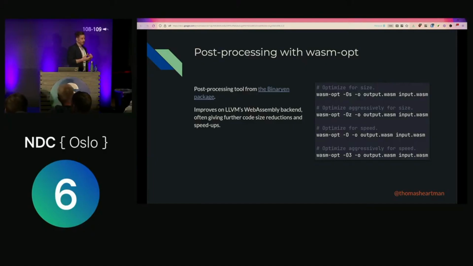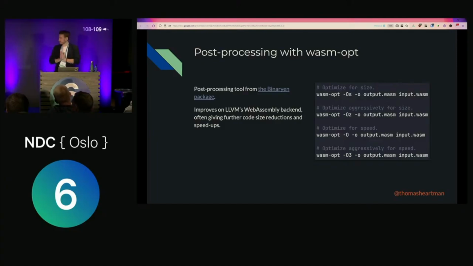Its aim is to make compiling to WebAssembly easy, fast, and effective. What it does is that it sort of improves on LLVM's optimizations and makes it even better. Again, I'm not a compiler engineer. I don't know exactly how it works. All I know is that it does good stuff for you and it makes your binary better.